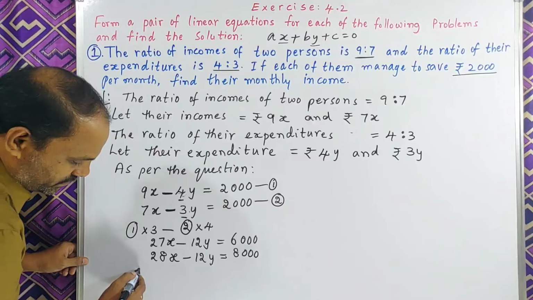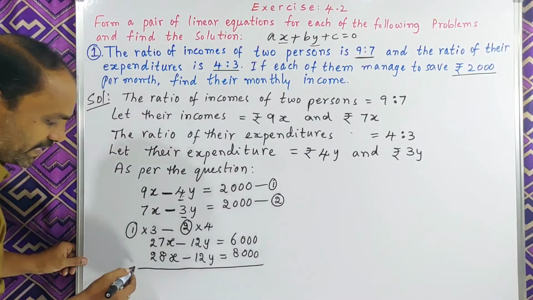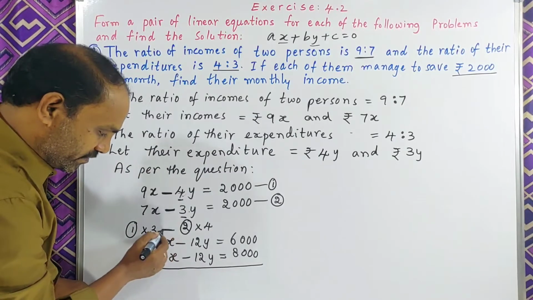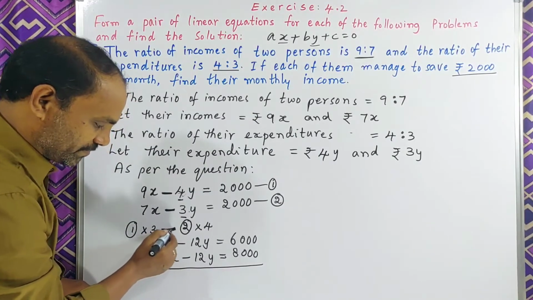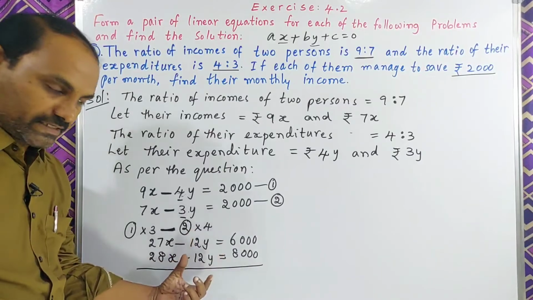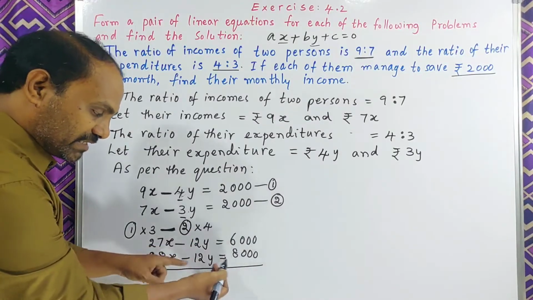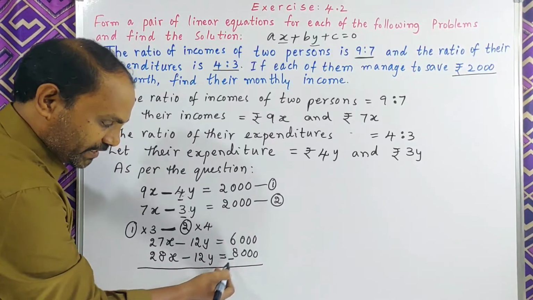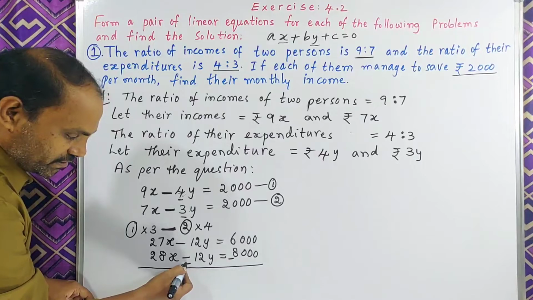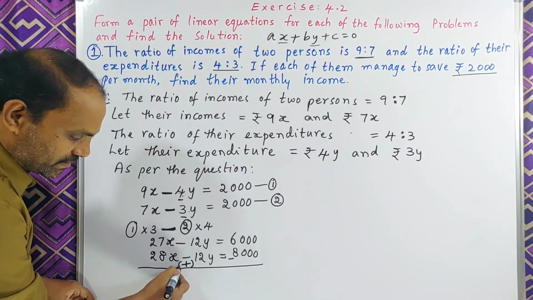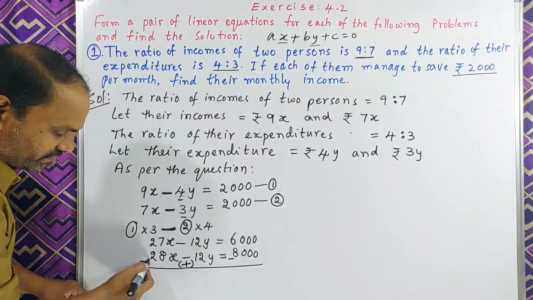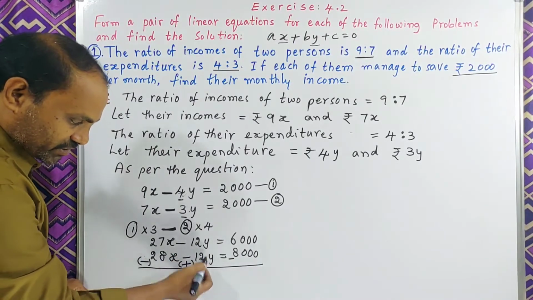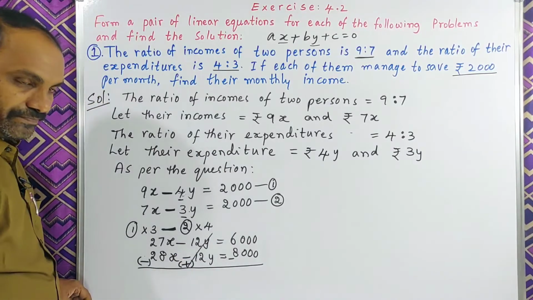And then subtraction. When you perform the subtraction, remember that we should change the signs of the second equation. Here minus, so you should write plus. Here plus, so you should write minus. Now minus 12y plus 12y both cancel.